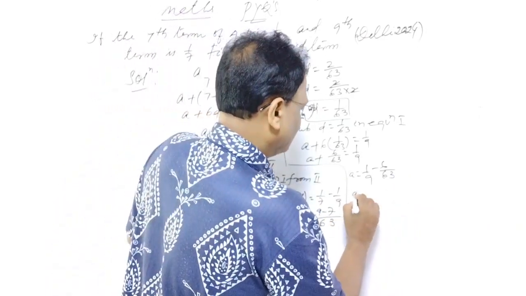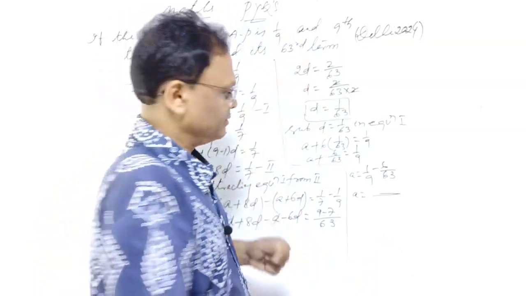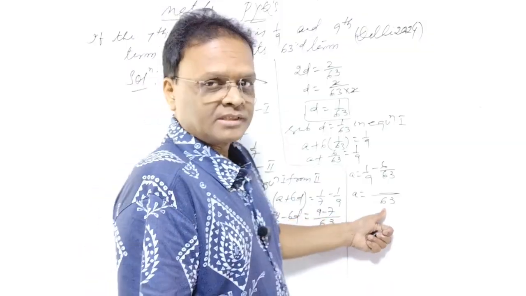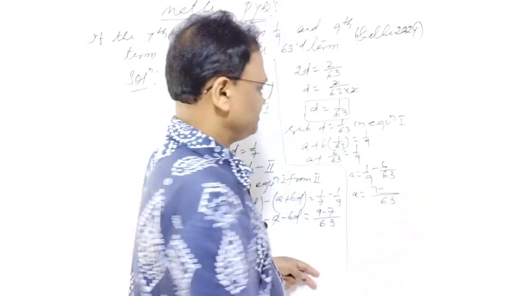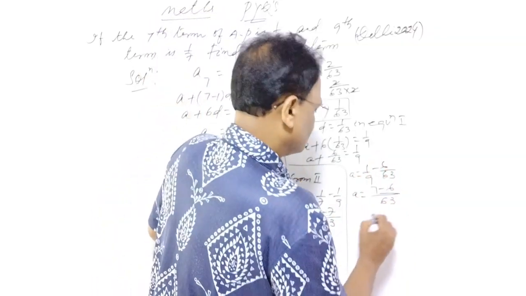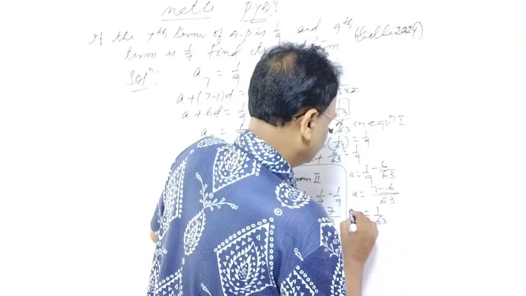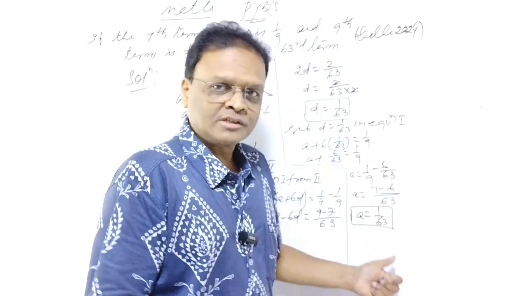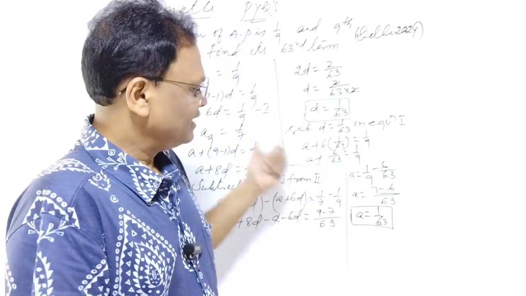The LCM of 9 and 63 is 63. 63 divided by 9 is 7, minus 63 divided by 63 is 1 into 6. So I got A equal to 1 by 63. So I got the first term also. The first term is 1 by 63, and the common difference is 1 by 63.